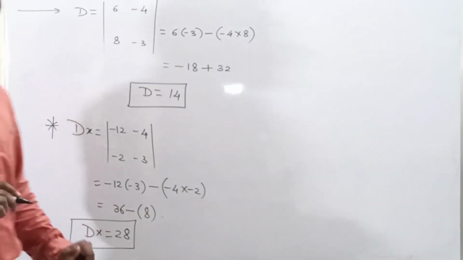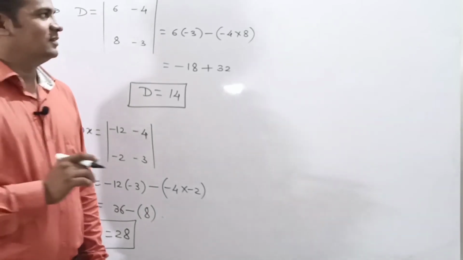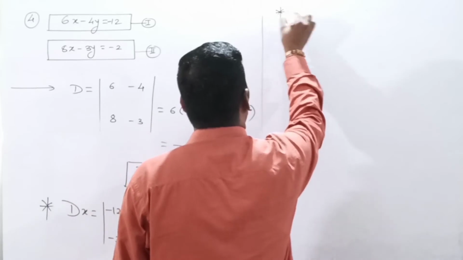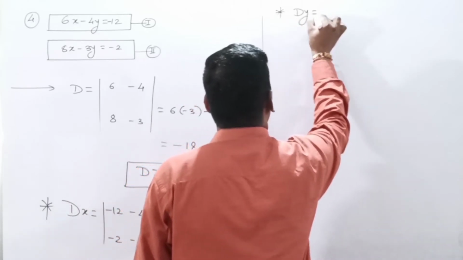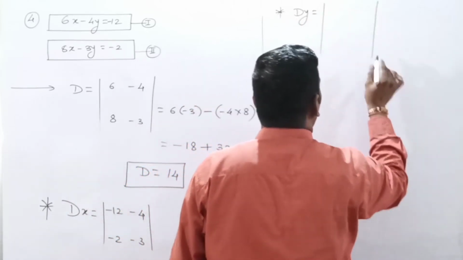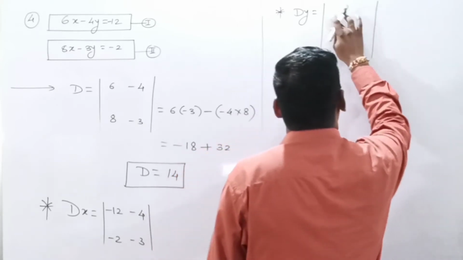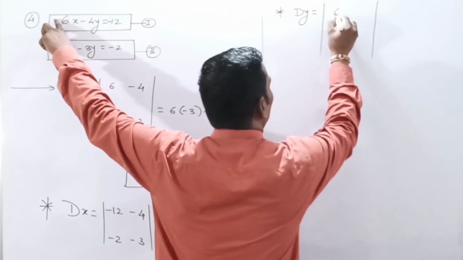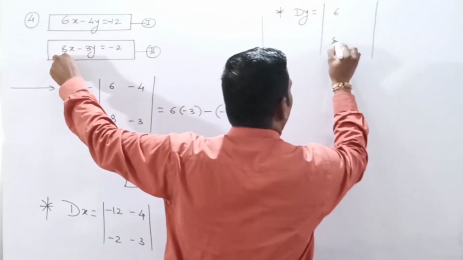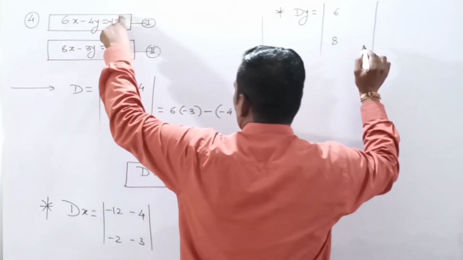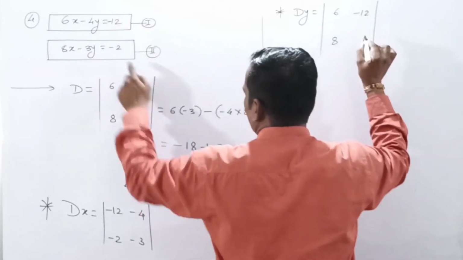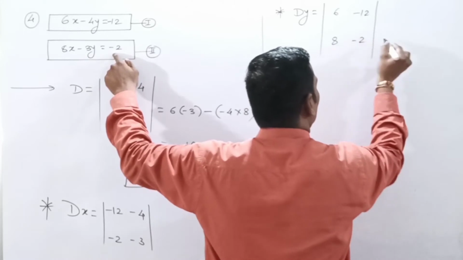Let's find the value of dy now. dy is equal to the determinant where the first column is the coefficients of the first term, 6 and 8, and the second column is the constants, minus 12 and minus 2.